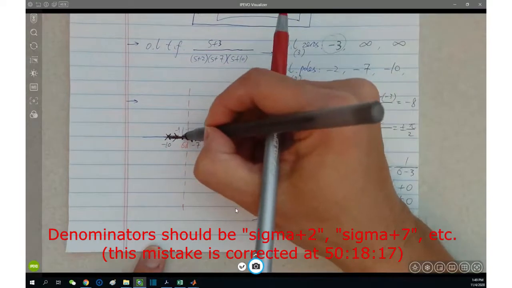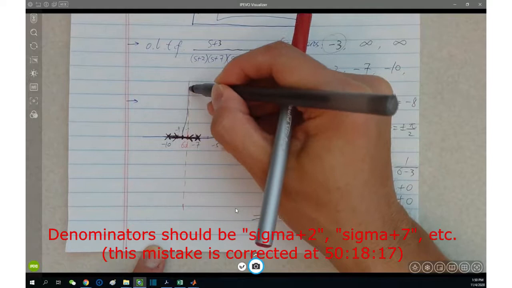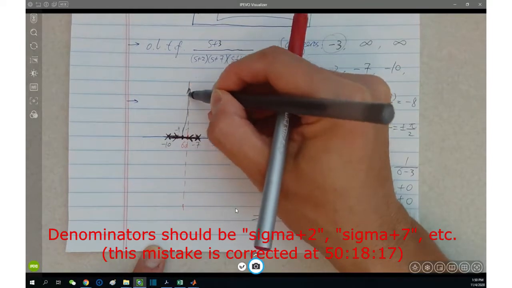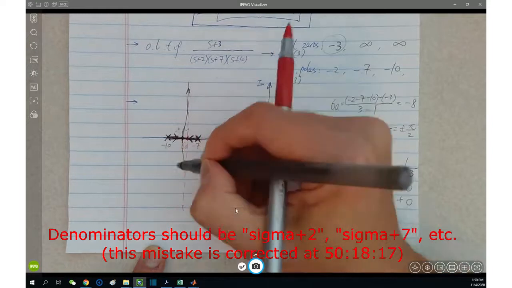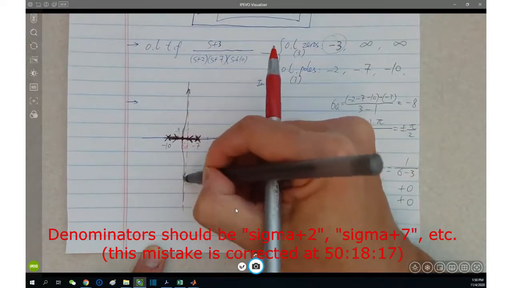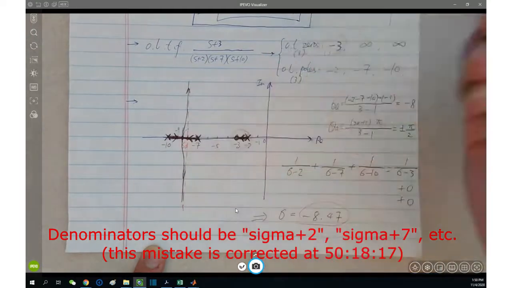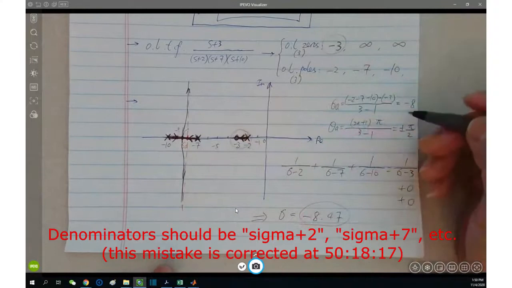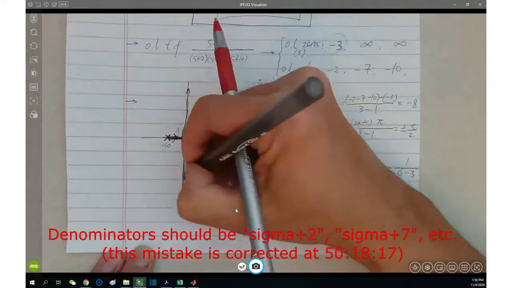Remember to label the direction. Once again, I'm using dark black to represent the root locus, a different color, so hopefully you can differentiate it from the others.